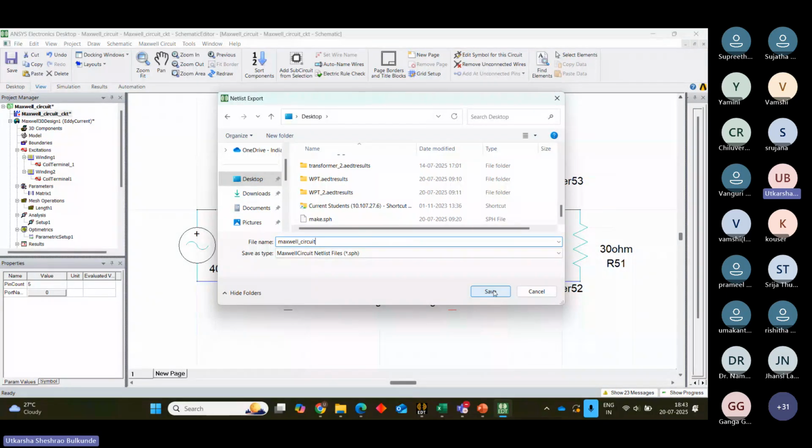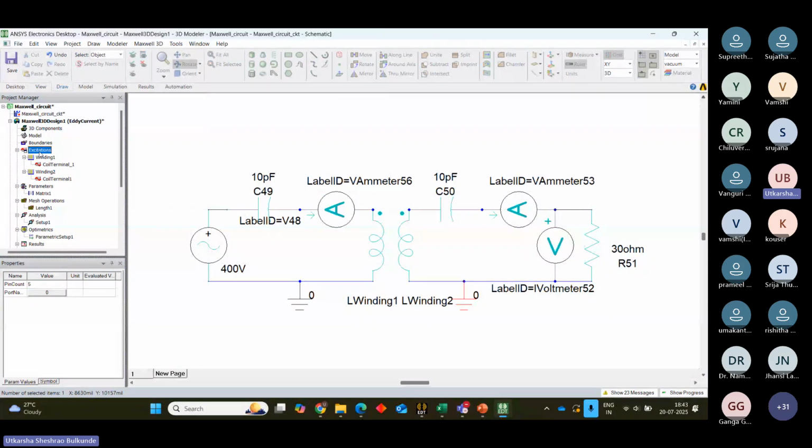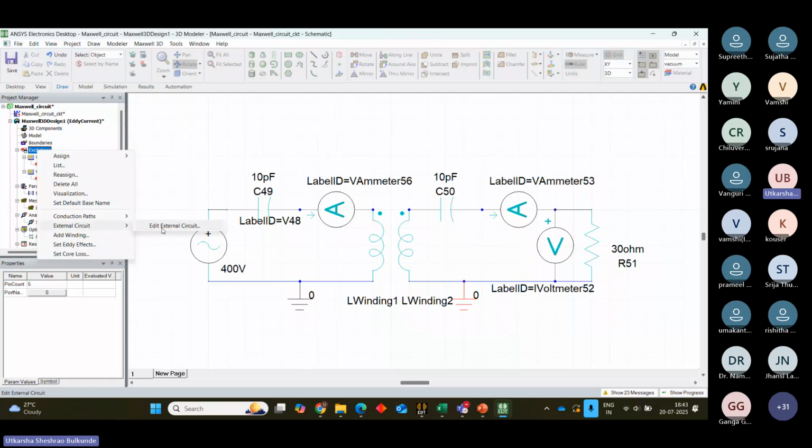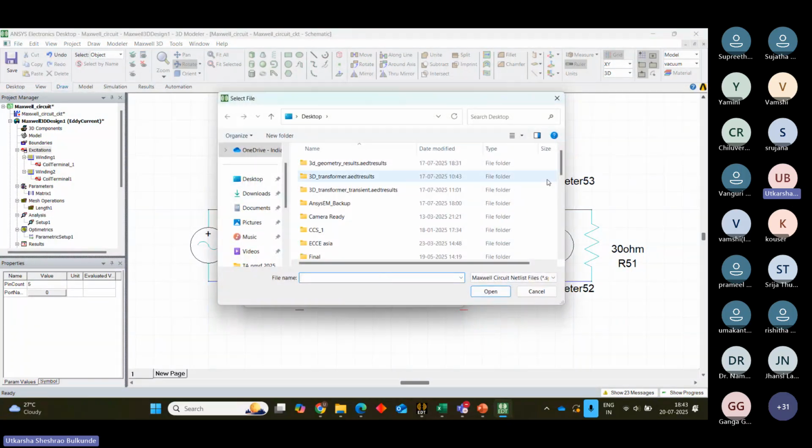But remember the location where you have placed this file, because you have to give this file in excitation. Then in excitation, right click it, external circuit, edit external circuit, and import circuit netlist option.